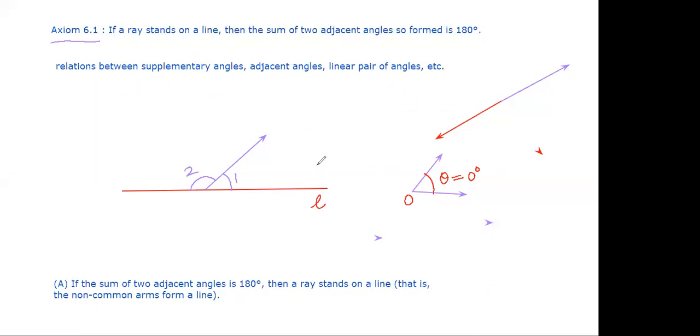So, students, what I want to say is that the axiom says if a ray stands on a line, the sum of two adjacent angles so formed is 180. It says angle 1 plus angle 2 is equal to 180 degrees. It's an axiom. We need to understand it.